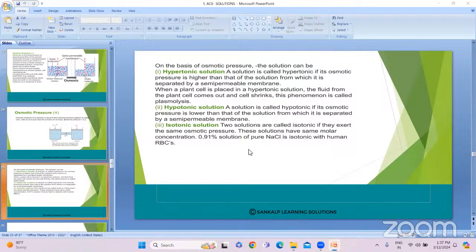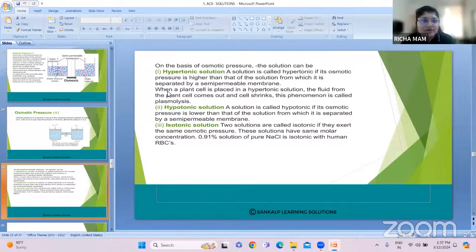A 0.91% solution of pure NaCl is isotonic with human RBCs. Okay, so you have told the definition itself. In your own words, can anybody tell me?